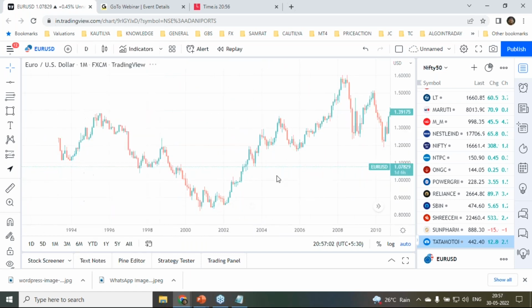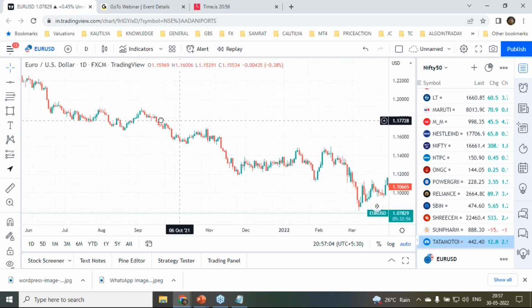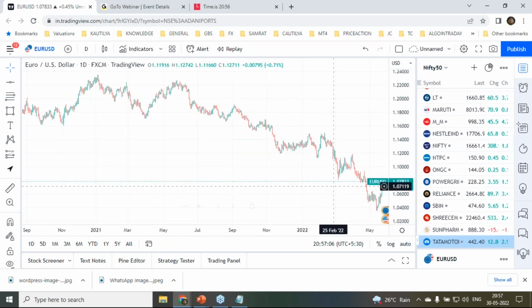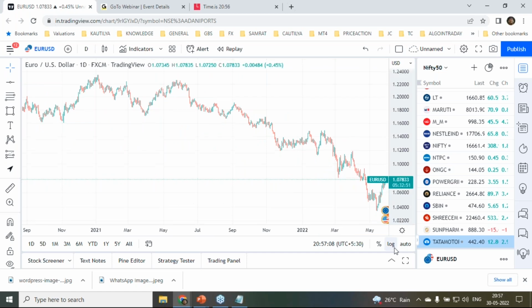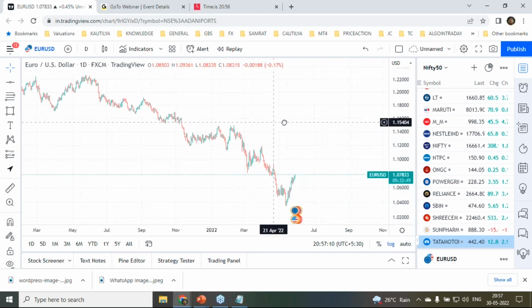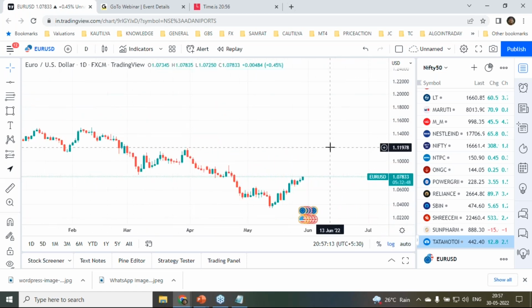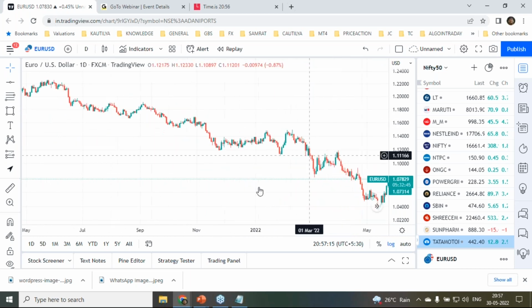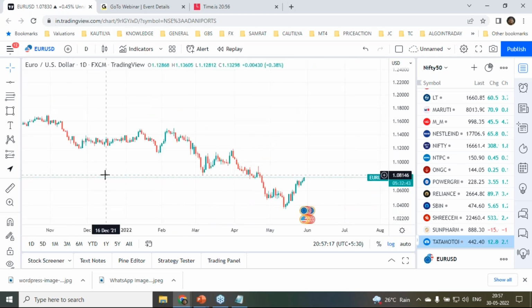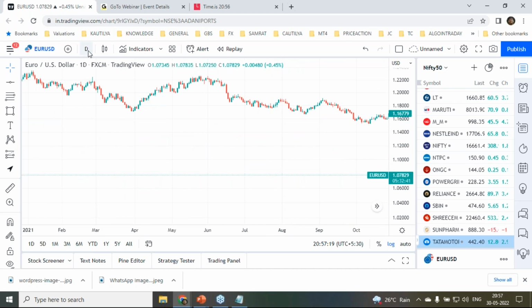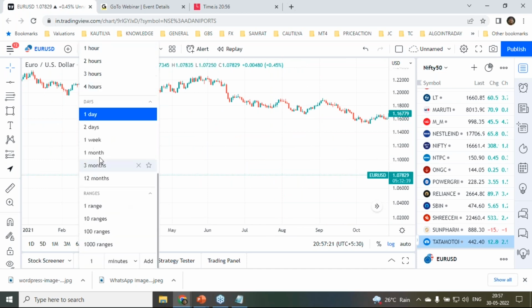EUR/USD, I saw in monthly or daily. Oh God. I saw some behavior in the lower time frame. I think monthly behavior, if I'm not wrong.